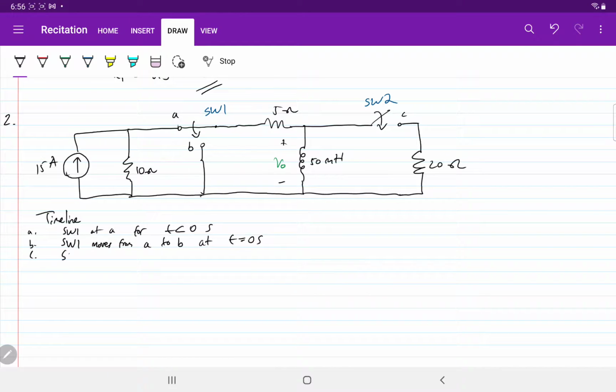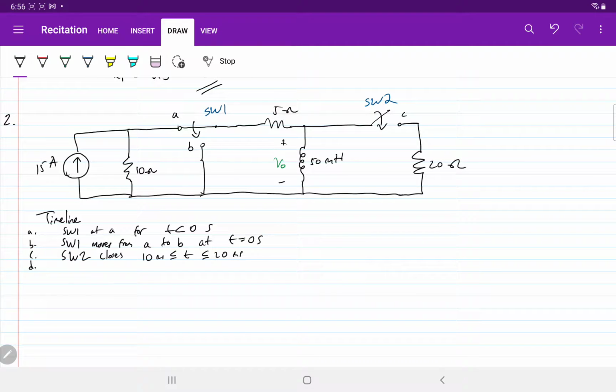C, switch number 2 closes to point C for t between 10 milliseconds and 20 milliseconds.